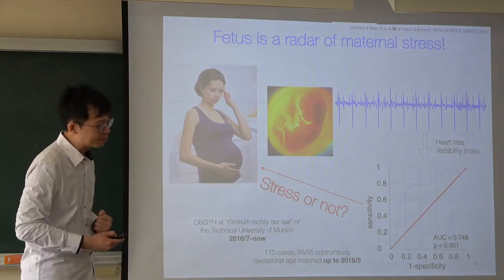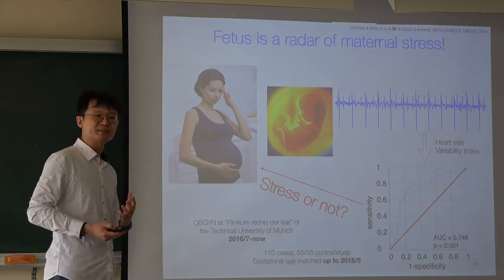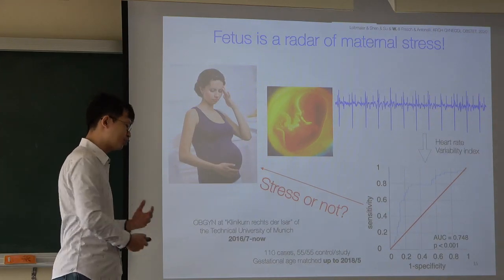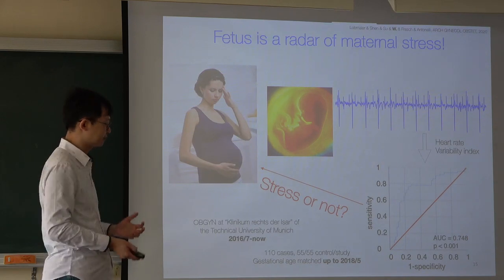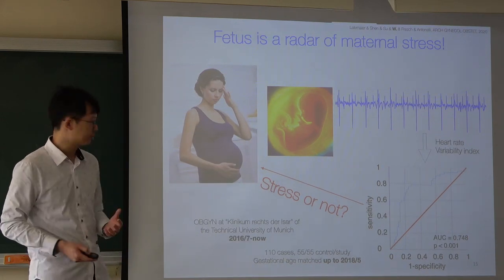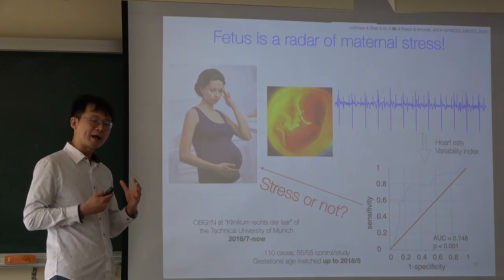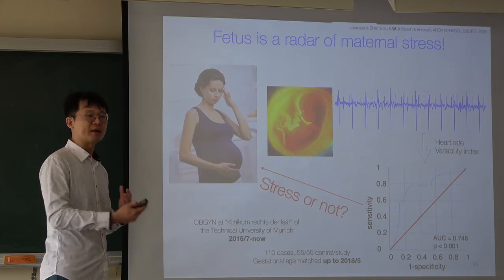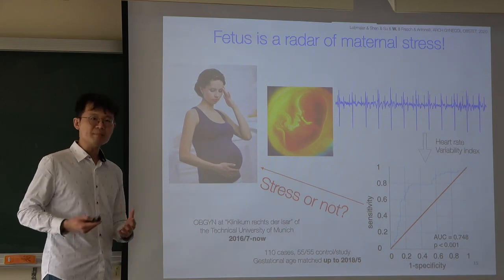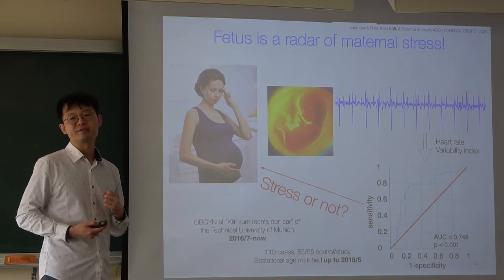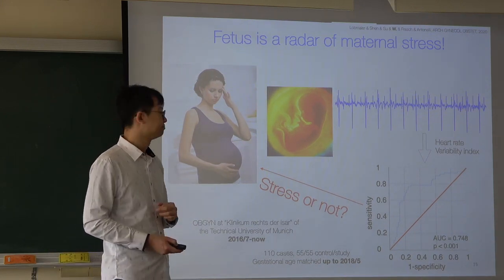And it has been well known that if the mother has some stress during pregnancy, then the children may have a higher chance to develop autism, in particular autism spectrum disorder. So we want to have an early detection of the stress of the mother, so that we may be able to do some early intervention to reduce the chance of autism of the baby.